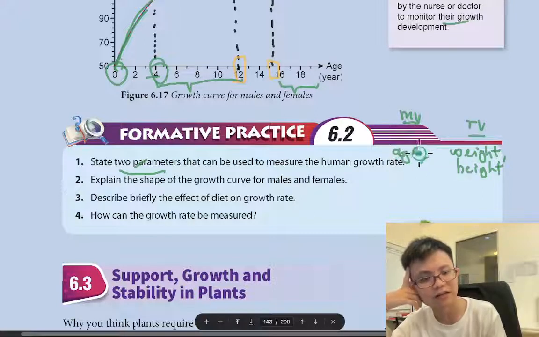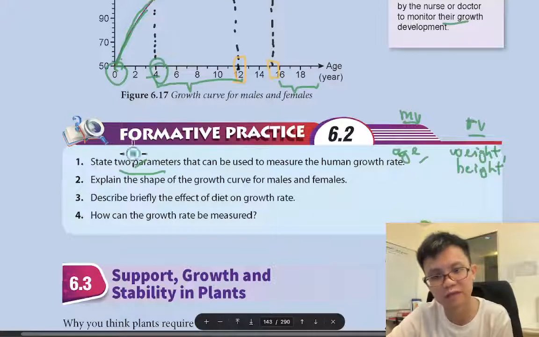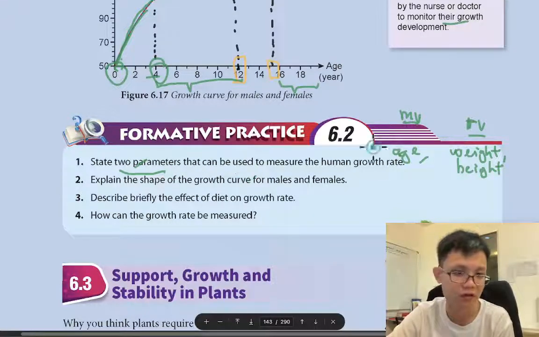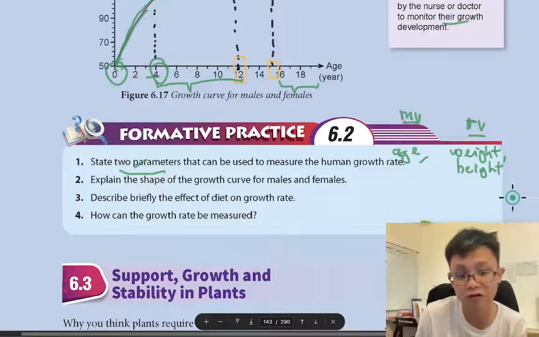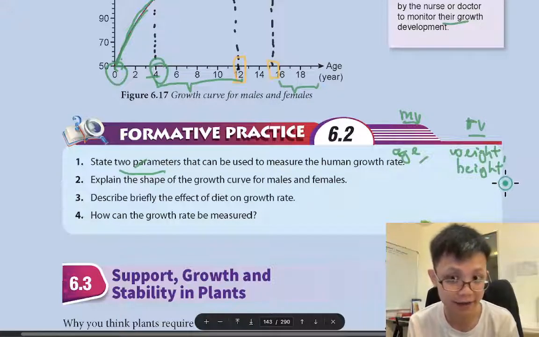Actually, I'm not sure whether I want to say age and weight or age and height or weight and height. But I think it will be weight and height. They are talking about the two parameters that can be used. So maybe we can say we can measure the human growth, either we want to consider the weight or we want to consider the height.